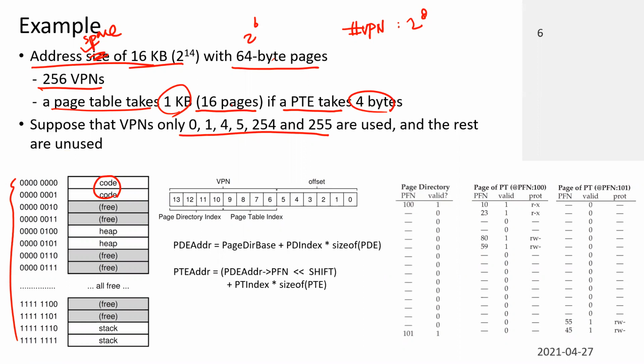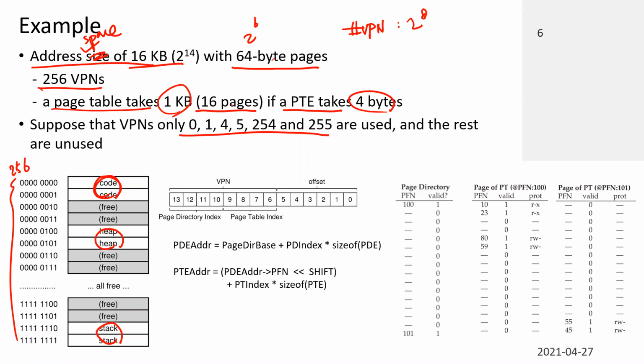Right? So a lot of memory will be wasted. The first 2 are used for code, in the middle there are 2 for heap, and at the tail, the last 2 are used for the stack. And there are 256 VPNs for representing this page table.